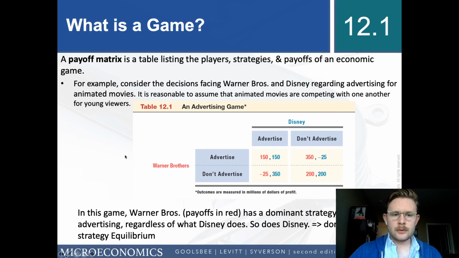But for now, just know that when you see a matrix like this, you're operating in a game theory context. They have the players. In this case, we have Warner Brothers and Disney. You have the potential strategies. They can both advertise or not advertise. And they have a full list of payoffs.